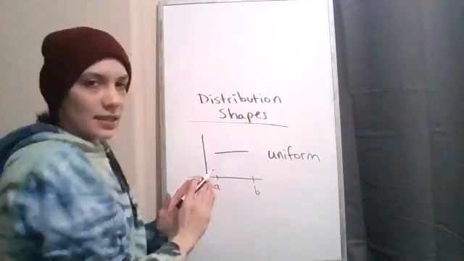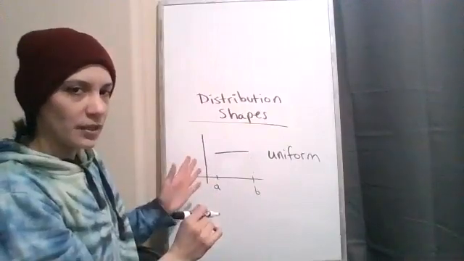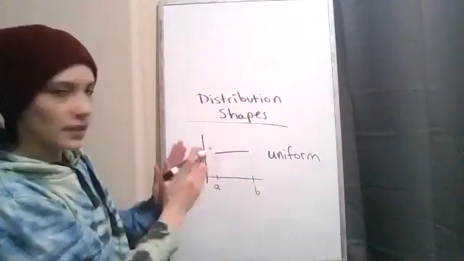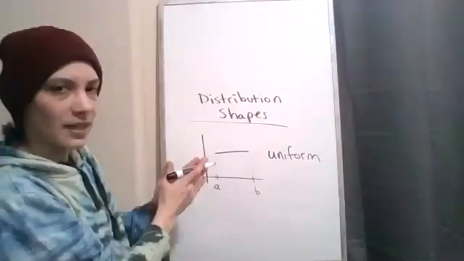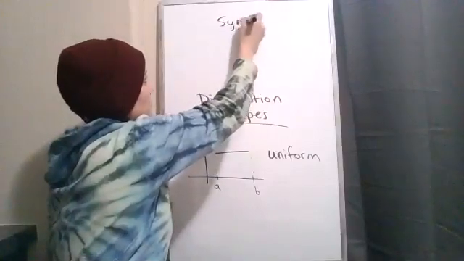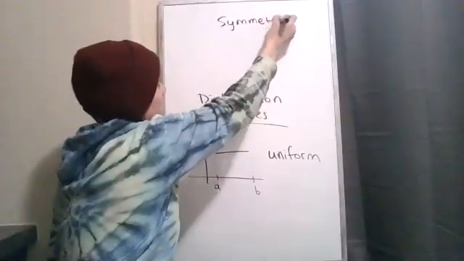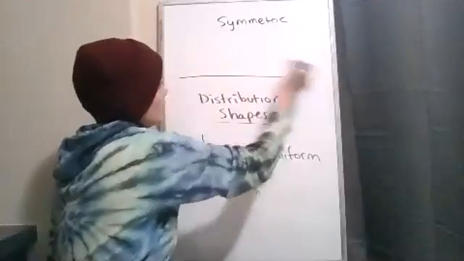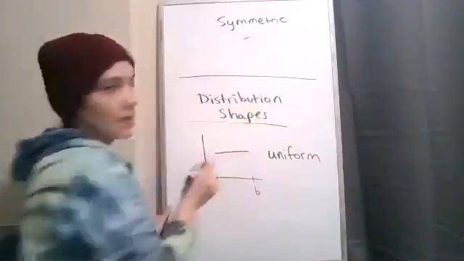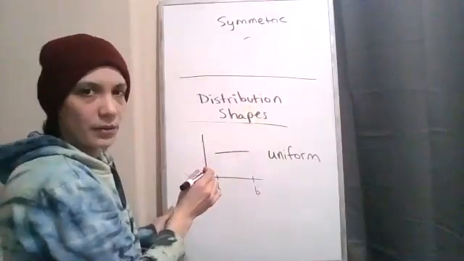Next is symmetric. If one side of the distribution is the same as the other, or you can fold them through the middle and they match. I'm going to draw it more like a histogram.